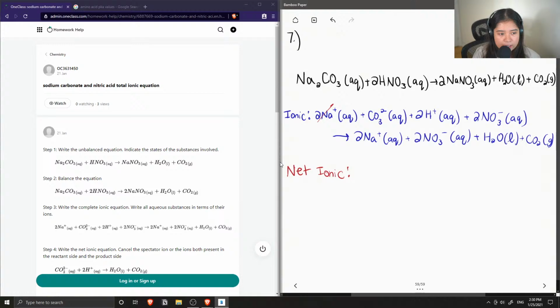So in our case, 2 sodium ions are on both sides, and the 2 nitrate ions are on both sides. So our net ionic equation is just the carbonate ion plus 2 protons produces water plus carbon dioxide.